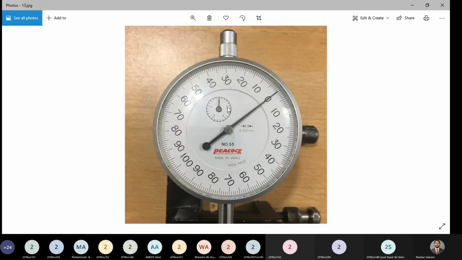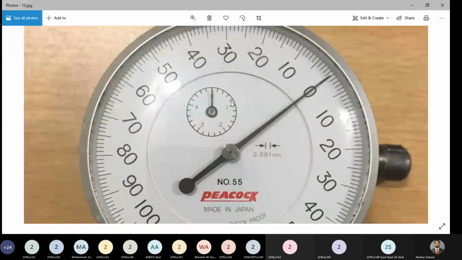These lines are of 1, 2 millimeters, and then 1 millimeter is further divided into 5 equal parts. So you see here 1, 2, 3, 4, 5. Which means that the smallest reading that we can read from this large scale is 0.2 millimeters.